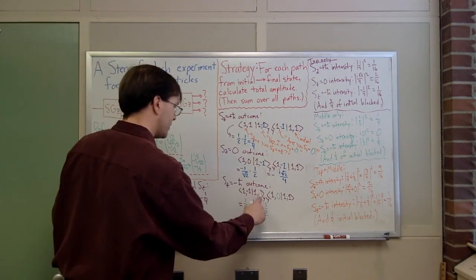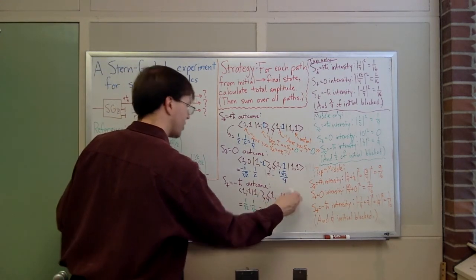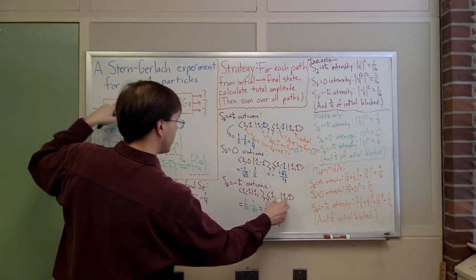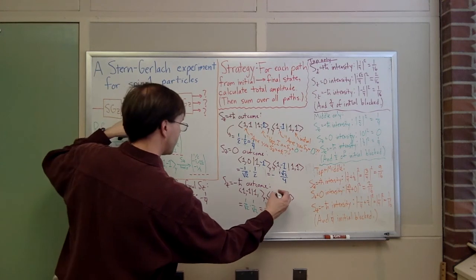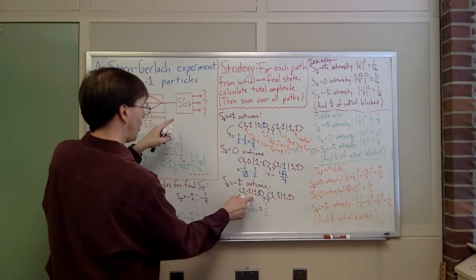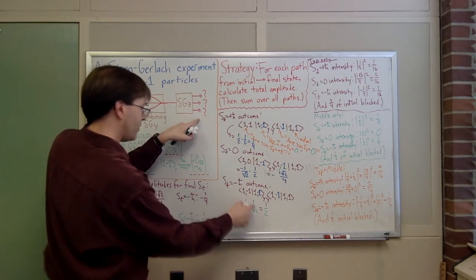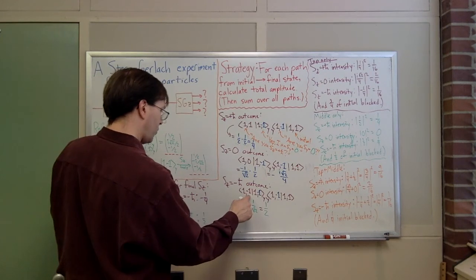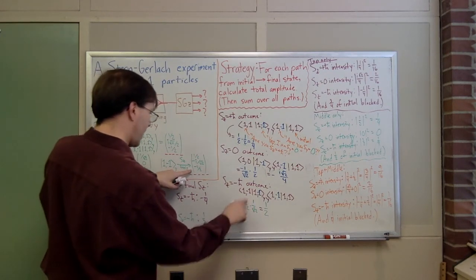And then this one, same deal. We're going to say I start in the |1,1⟩z state. I ask, are you in the |1,-1⟩y state? I say, yes, I am in the |1,-1⟩y state. Are you in the |1,-1⟩z state now? And for this one, what do I have? ⟨1,1|y with |1,-1⟩ is the minus 1/2.